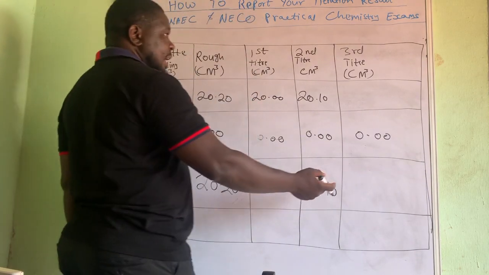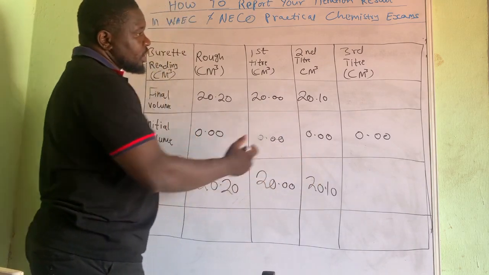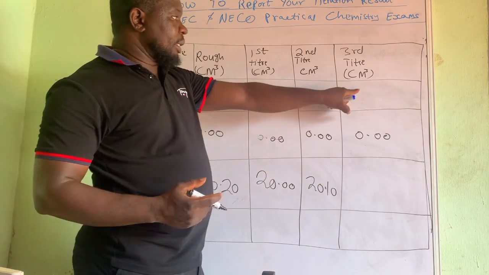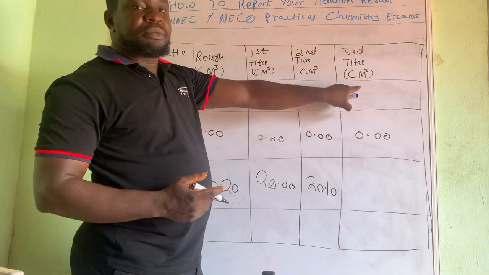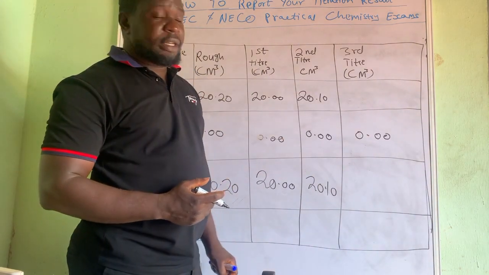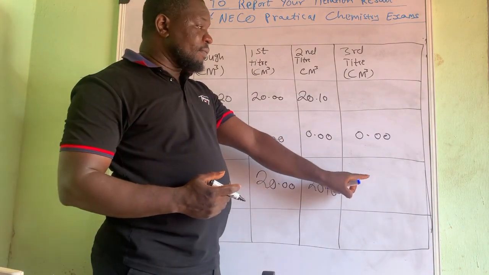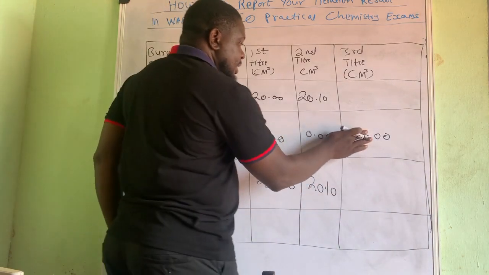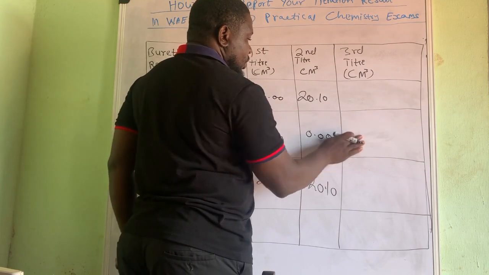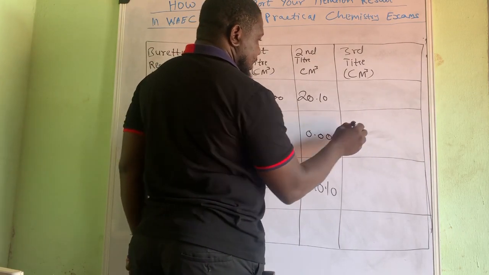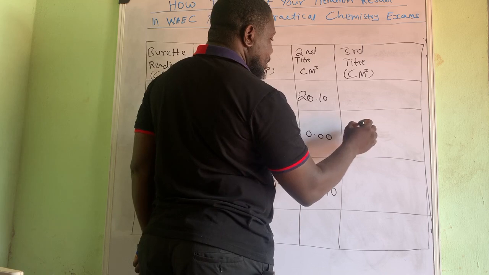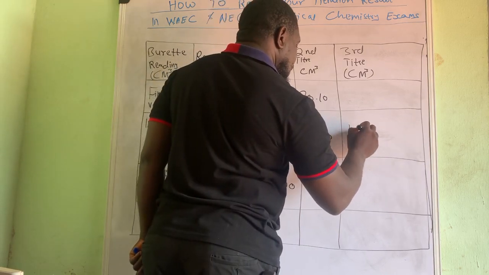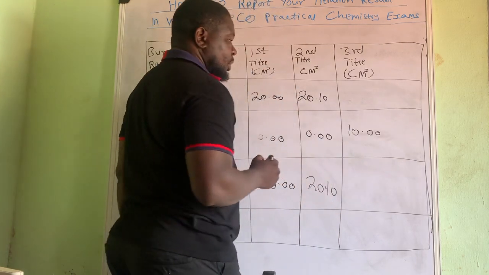So you have 20.10. Let's say after the second titration you want to do the third one, and you don't have enough acid again, so you need to start from the one you have. Then the initial may not be 0.00 again. Let's say you started the burette reading from 10.00.